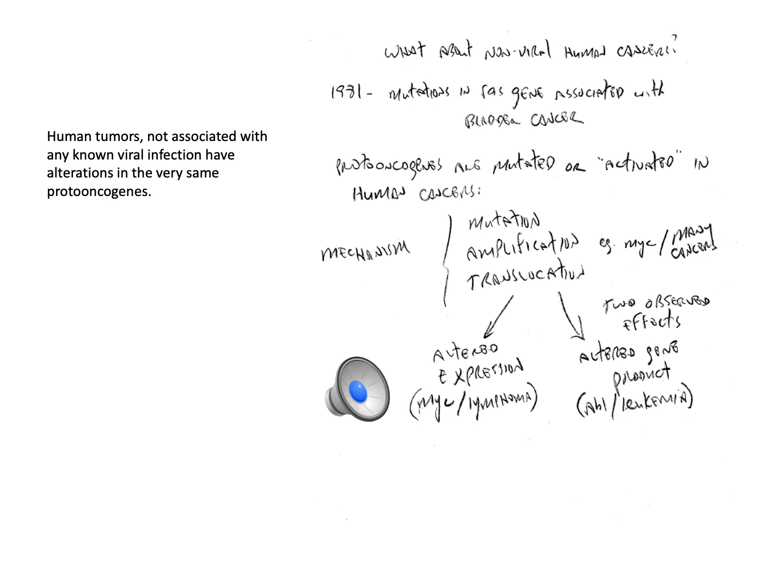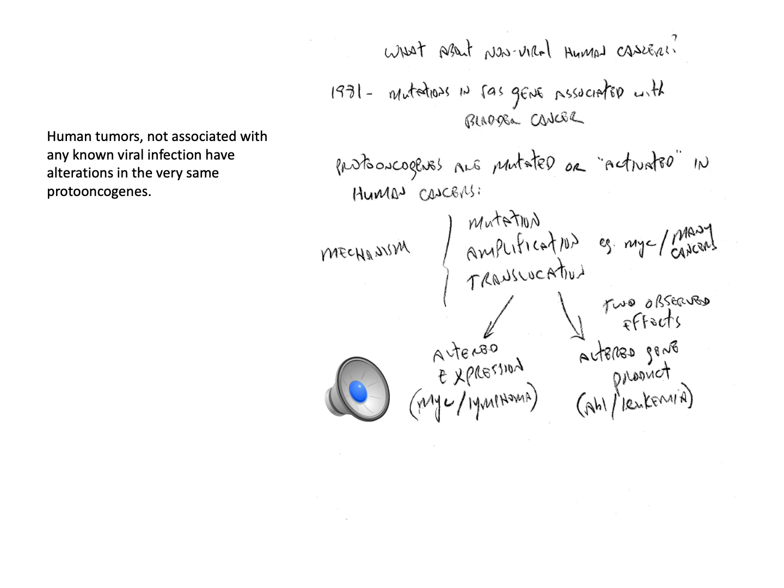Now, as it turned out, they did identify a gene, and the gene they identified was the RAS gene. Mutations in the RAS gene were associated with bladder cancer. Again, the very same gene that was identified by Harvey sarcoma virus, a highly oncogenic retrovirus, in rats.